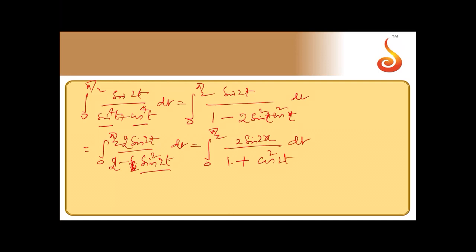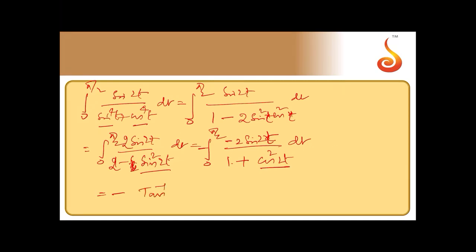And the derivative of cos 2t is sine 2t into 2, with a minus sign. So we will be getting minus tan inverse. Integral of 1 by 1 plus x square is tan inverse of x.